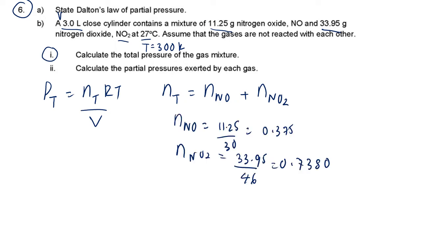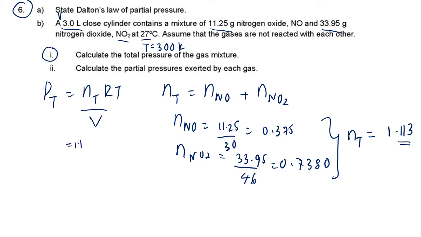So the number of mole of nitrogen monoxide is 0.375 mole and the number of mole of NO2 is 0.7380 mole. This gives the total mole, which is equal to 1.113 mole.